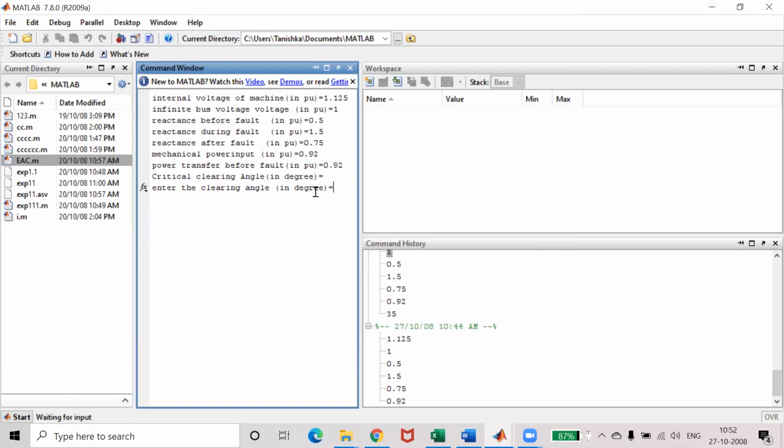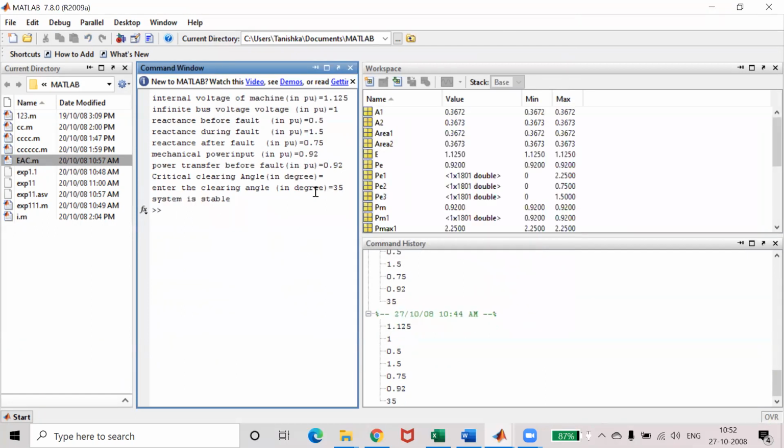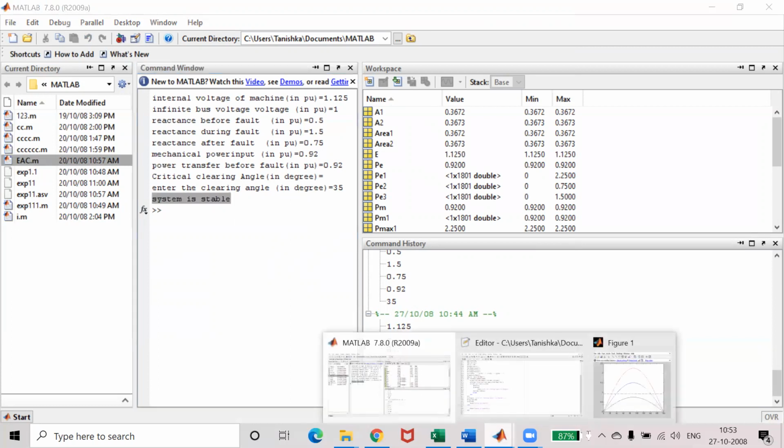If I put 35 degree and press the enter key, what does it say? The system is stable. It is clearly mentioned here. If you put more than 35 degree or some other angle, it will simply say whether the system is stable or unstable.